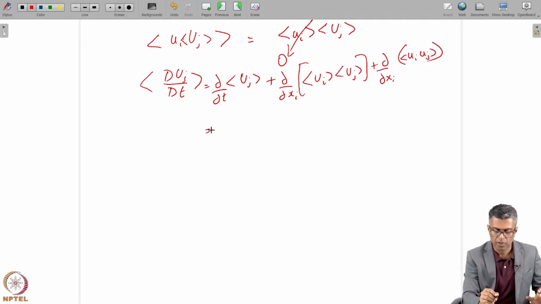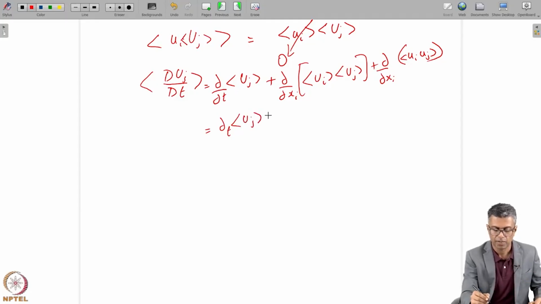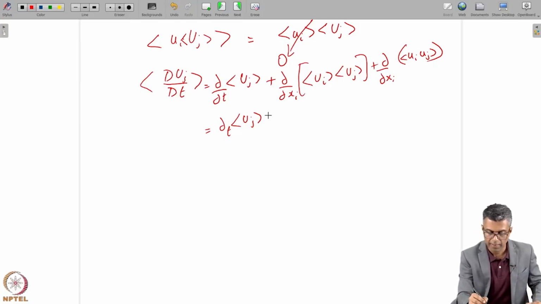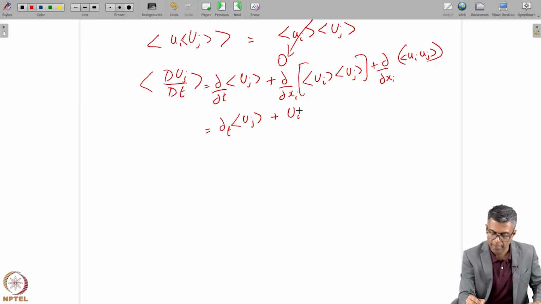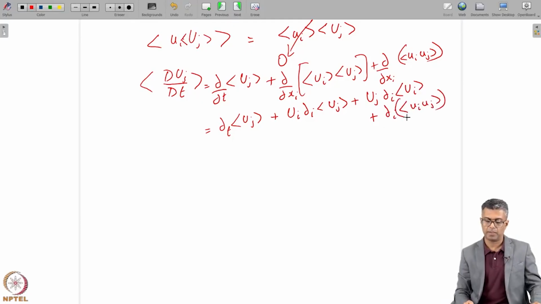So I'm going to simplify my notation and just write del t of uj as del t uj. You understand that it is a time derivative. Then what I'll end up having here is ui del i uj plus uj del i ui, plus del i of the Reynolds stresses, ui uj, isn't it?